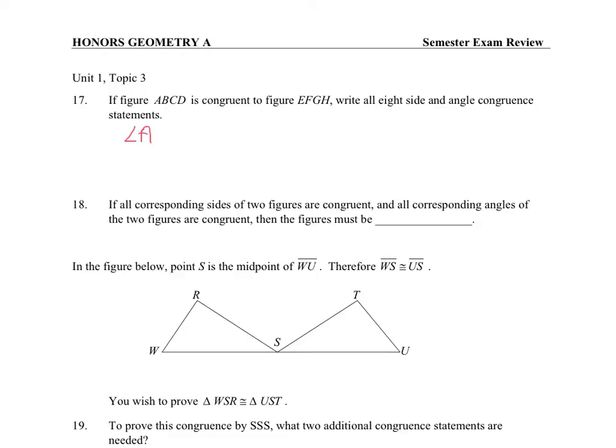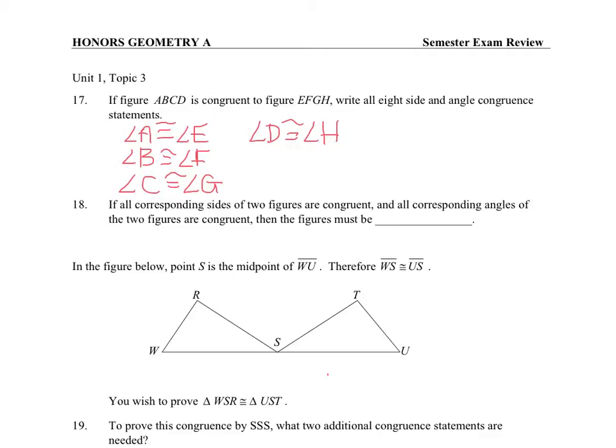Angle A is going to have to be congruent to angle E. Angle B has to be congruent to angle F because those are the corresponding angles. Angle C has to be congruent to angle G, and angle D has to be congruent to angle H. You just have to pick which ones match up.